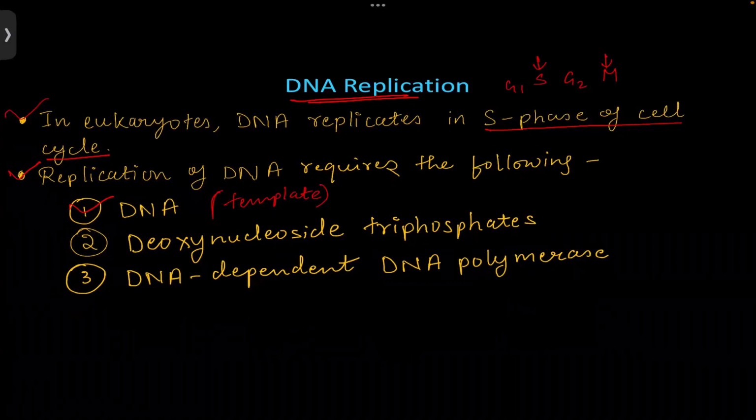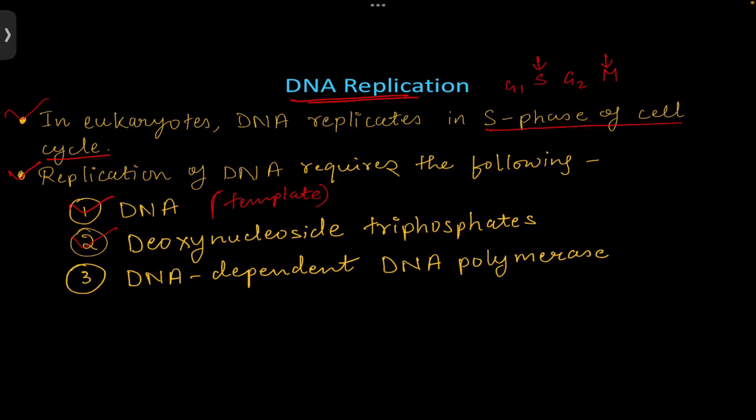Then it also needs monomers, or deoxynucleoside triphosphates. DNA is a polymer, and for the formation of this polymer, you need the monomers. These monomers will get joined together by phosphodiester bonds, and you get a polynucleotide chain.